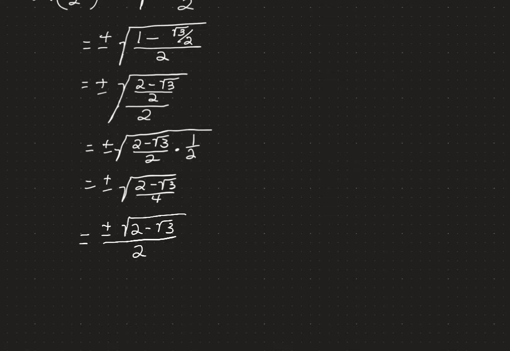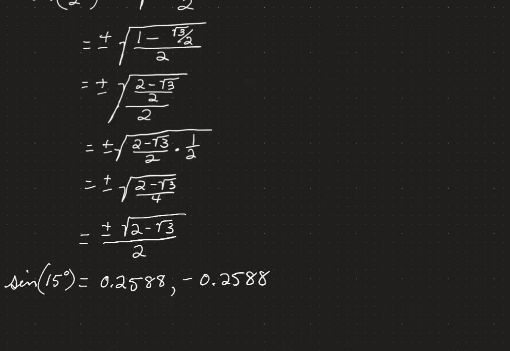So the only thing you can do now to get a more understandable answer is to go ahead and punch it into your calculator. So 0.2588, let's go to the 10,000ths place, and negative 0.2588. Those are the values for the sine of 15 degrees. Or is that true?